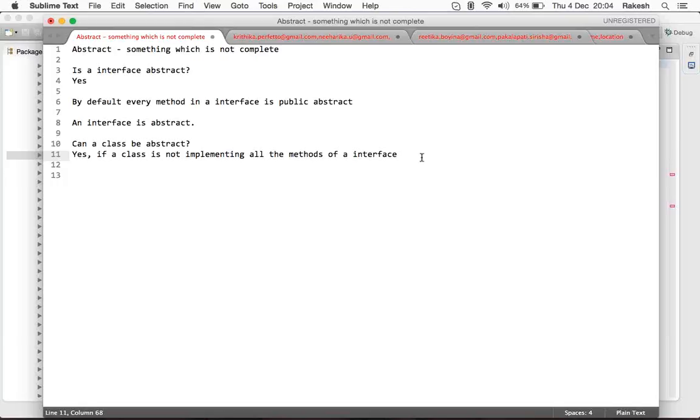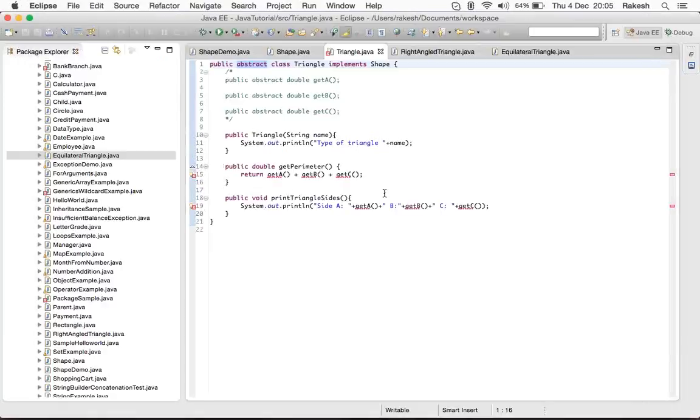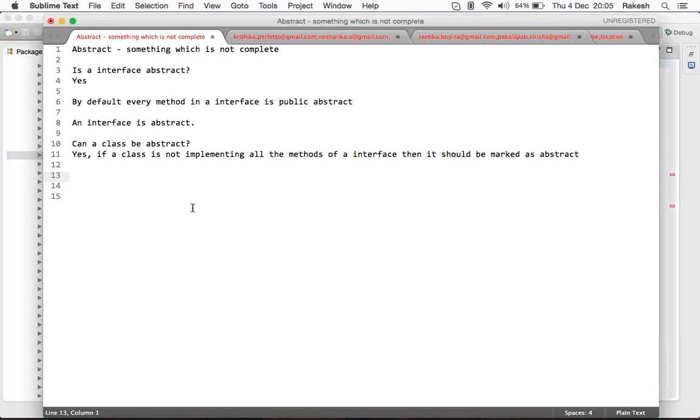Okay, sorry about that, guys. So if a class is not implementing all the methods of an interface, then it should be marked as abstract. So that answers the question, right? Now the next question is, can a class declare abstract methods?